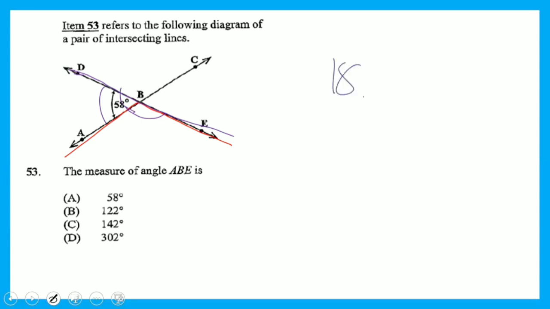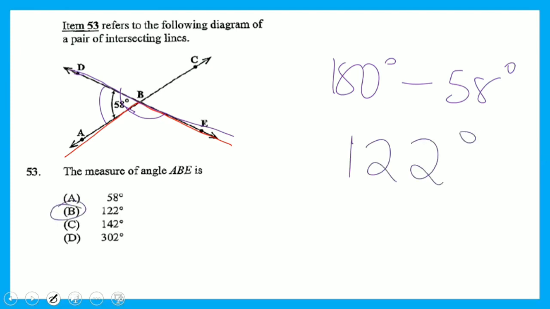So if we subtract 58 degrees from 180 degrees, what would our answer be? 122 degrees.